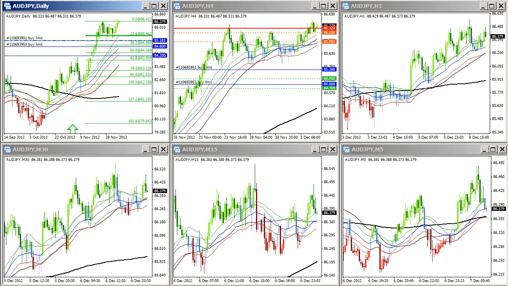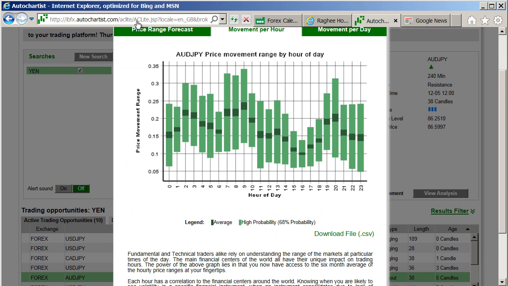I need a little bit of either yen strength and or Aussie weakness. I can look at the price movement range, and that price movement range that the Power Stats gives me focuses my attention to choose a pair that would be within what I call striking distance.